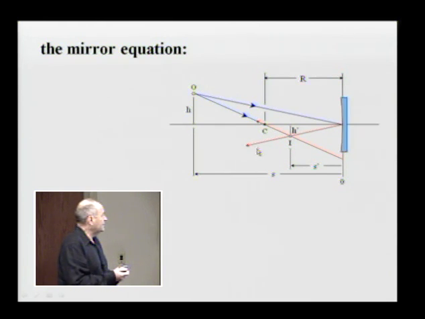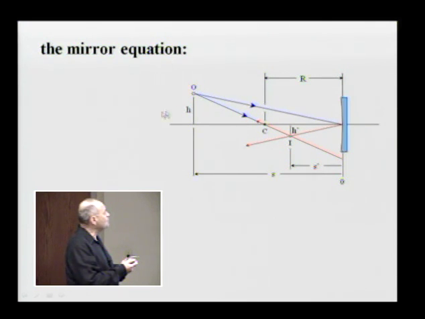And now, whenever something is in front of the mirror, we assign a positive value for the position. This is just one component of position, and this is the only thing which we have to consider. The second one comes up automatically.